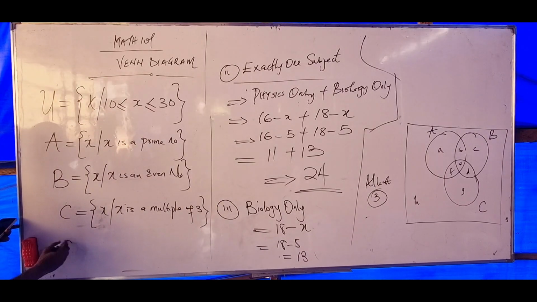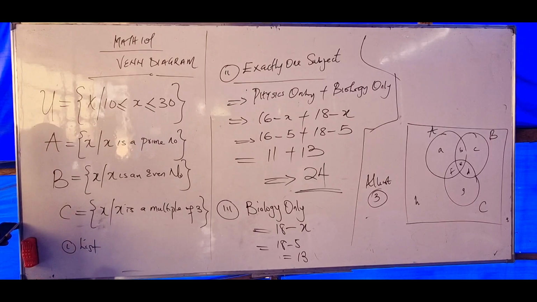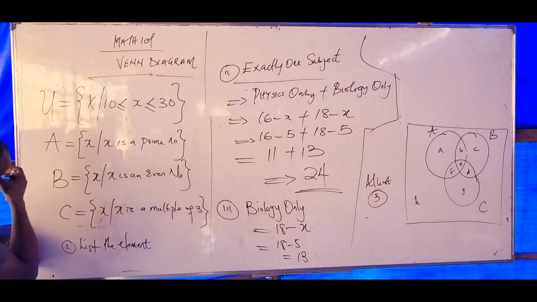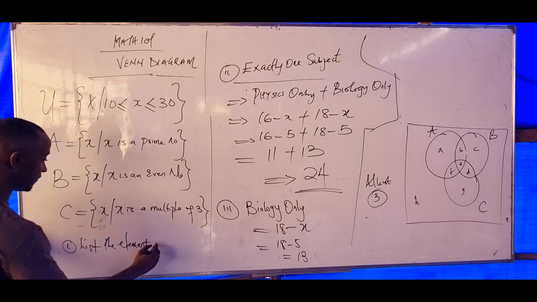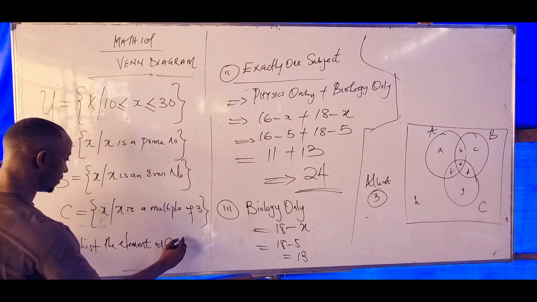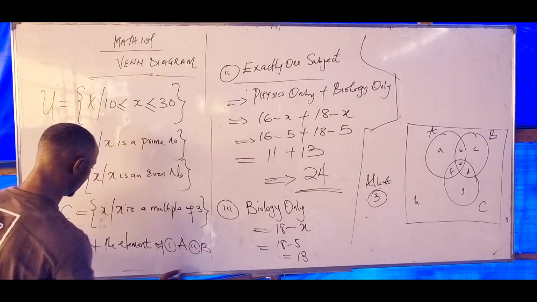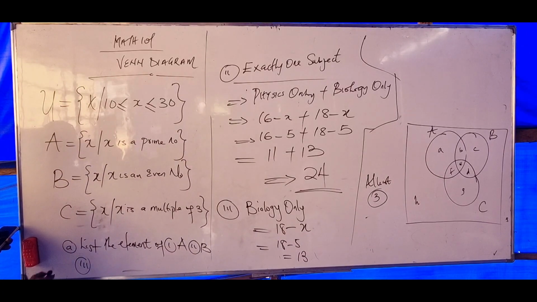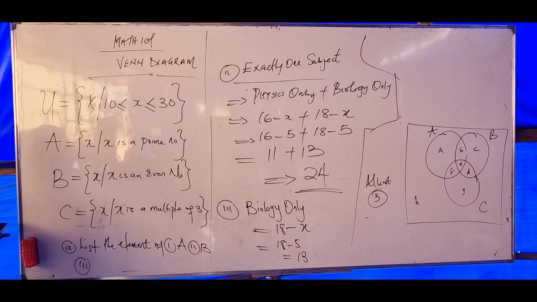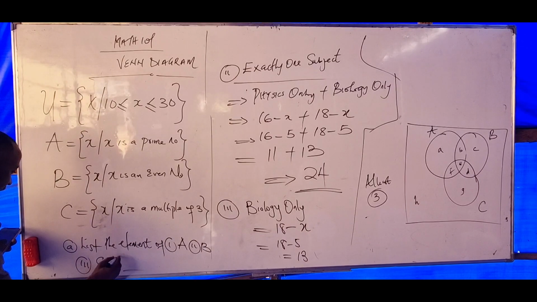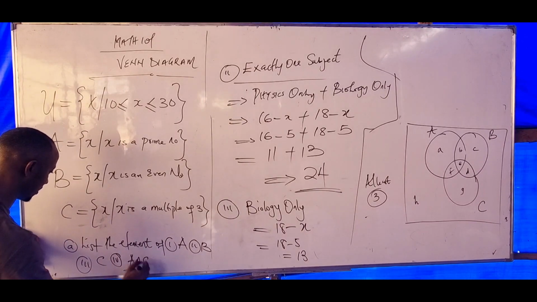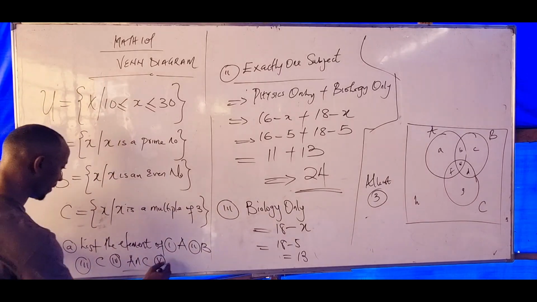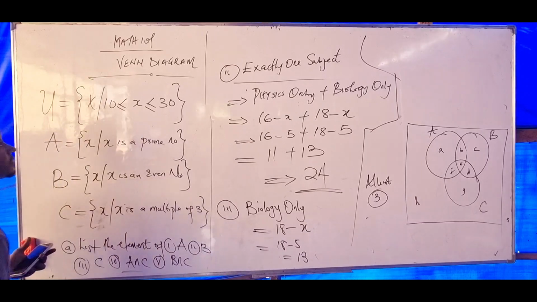Then the question says, list the elements of (i) A, (ii) B, (iii) C, (iv) A intersection C, (v) B intersection C. Are you there?